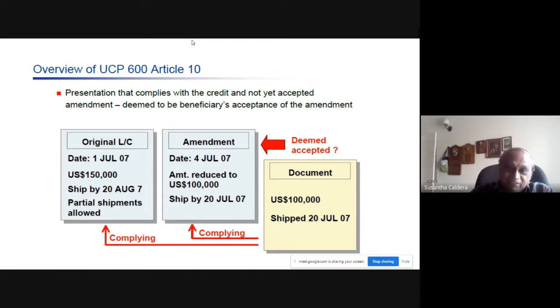And the second one, subsequently, there's an amendment dated 4th July 2007. Original LC was issued on 1st July. Subsequent amendment issued on 4th July. Amount reduced to US dollars 100,000. Shipped by 20th July 2007.